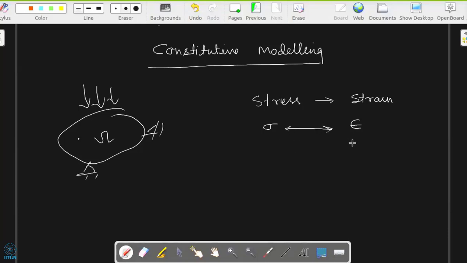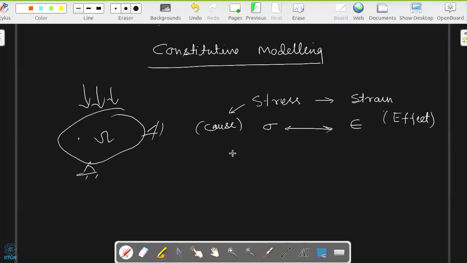In a very general term, this is strain what you are observing, because you cannot see a stress. So this is the effect you are observing, and you are trying to understand what is the cause of this, and this stress is the cause of the deformation. So we are making an inference that this load applied on the surface must transmit within the domain so that the deformation occurs. So this is the cause and this is the effect.